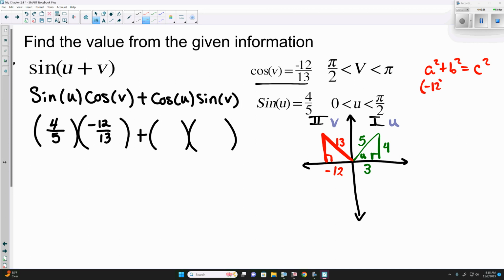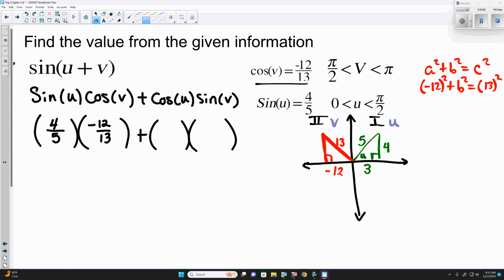It doesn't matter what we define as A or B, as long as we pick negative 12 as A or B. It has to be just one of them. B is going to be the other term. The hypotenuse is 13, and we could do this in one of two ways.